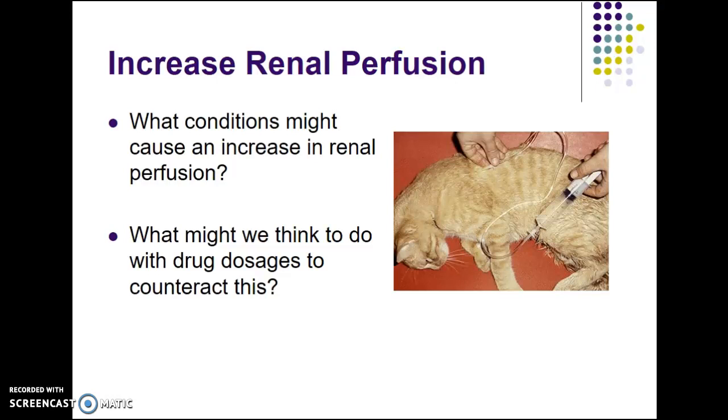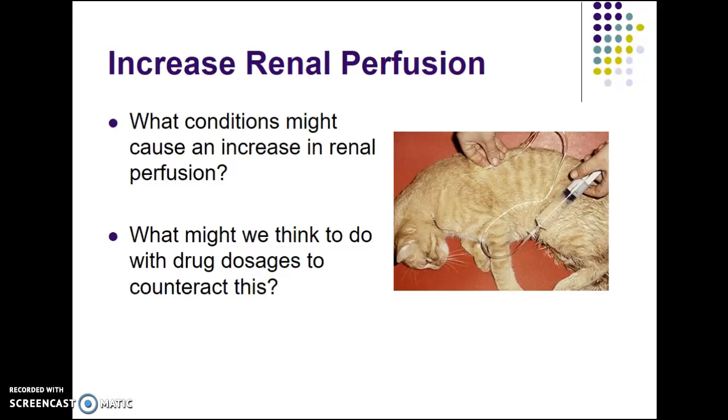On the other hand, we have some situations where we might increase renal perfusion, and that includes things like this kitty cat getting some sub-Q fluids. They're going to be absorbed. This is a very passive kitty that's allowing us to put a large bore needle under the skin, and we're going to give the fluid sub-Q. It's going to be absorbed. But if we were giving IV fluids, we would certainly have an increase in renal perfusion.